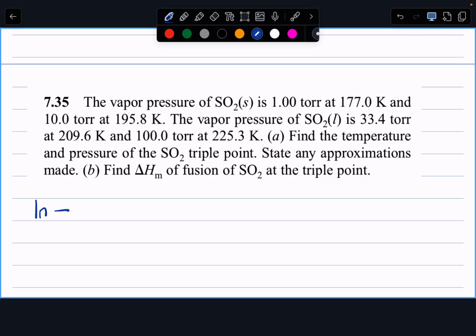So we're looking at natural log of P2 over P1 roughly equal to negative delta Hm over R times 1 over T2 minus 1 over T1.